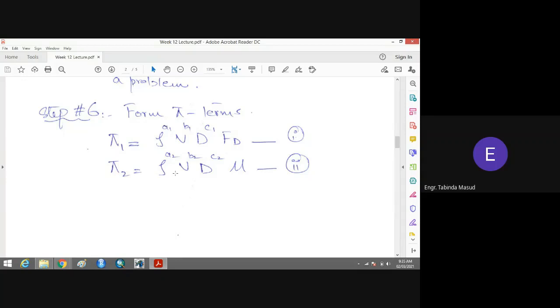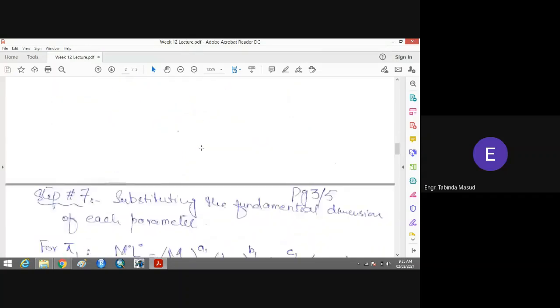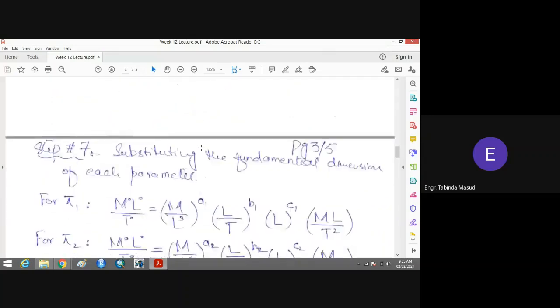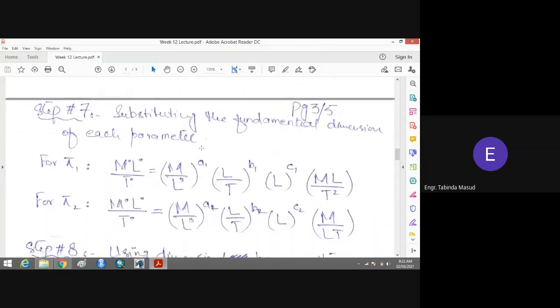And from the examination point of view, remember that the repeating parameters will be given to you. It will be given to you that consider all these parameters and take density, velocity and diameter as the repeating parameters. Okay, the further procedure is the same.